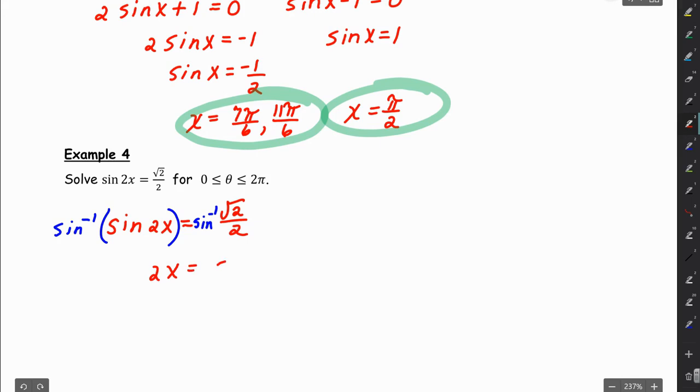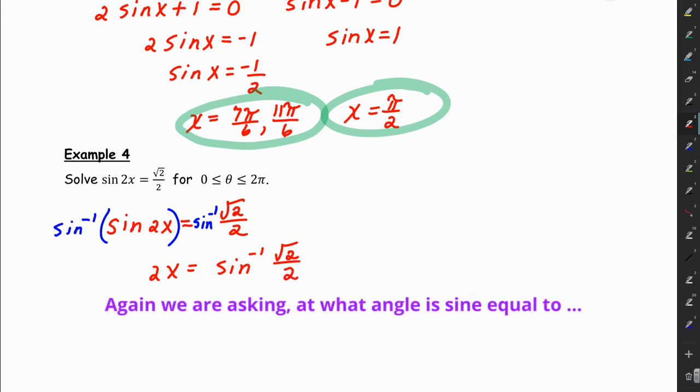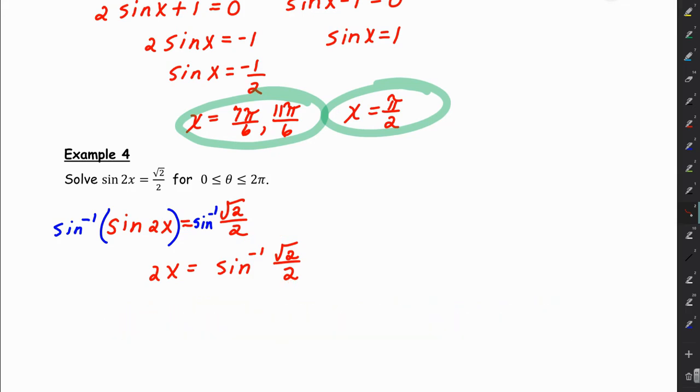And over here, I'm left with, well, what's the inverse sine of root 2 over 2? And so what you have to ask yourself is, at what angles is the sine root 2 over 2? So let's go back to the unit circle and find values of sine that are root 2 over 2.